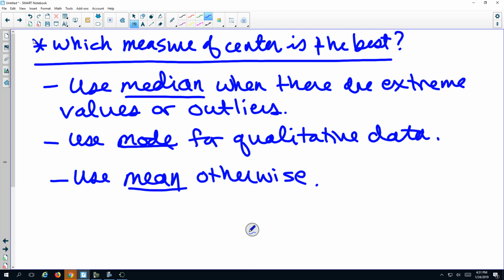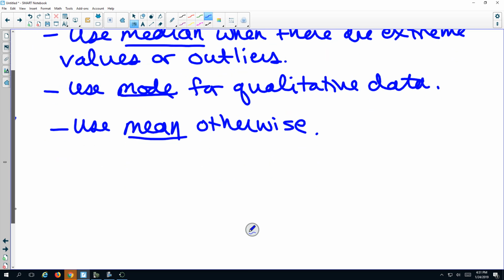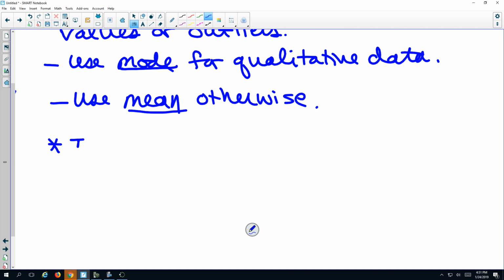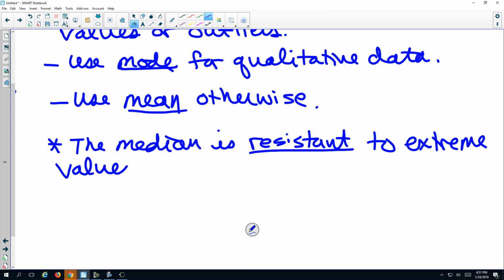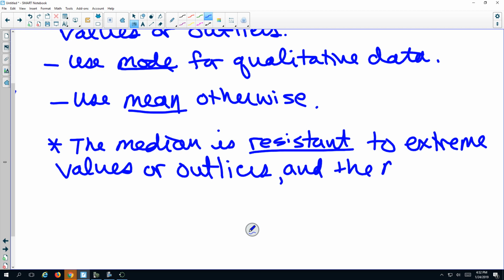So we say the median is resistant to extreme values or outliers. And the mean is not.